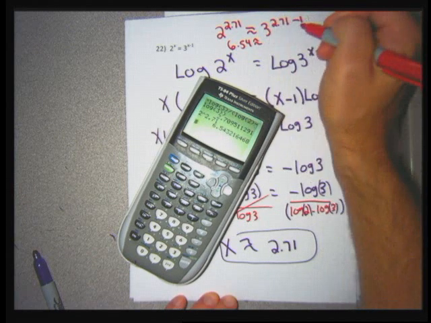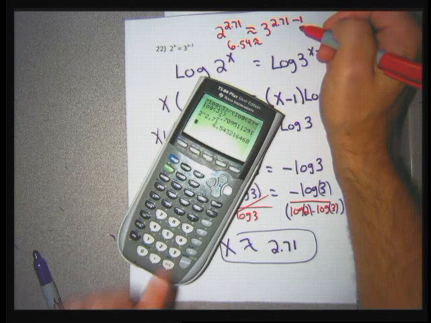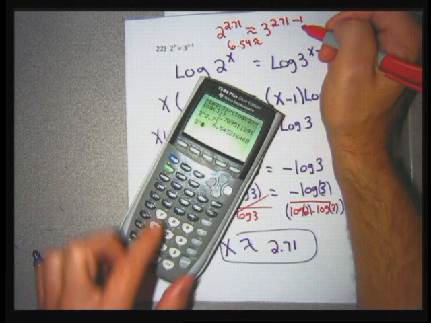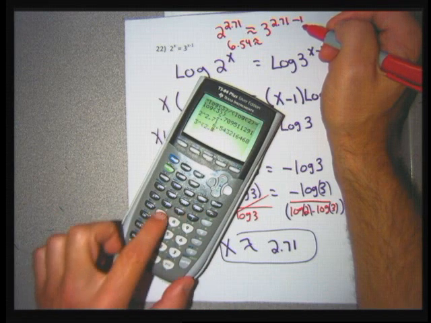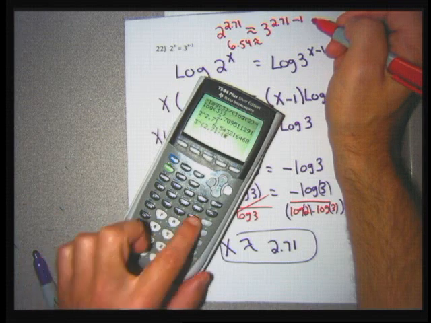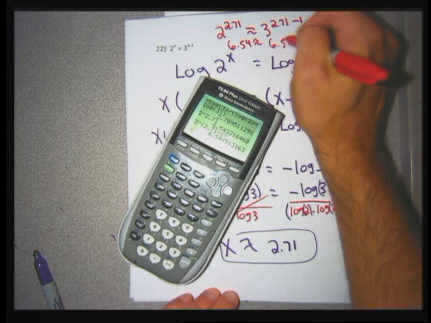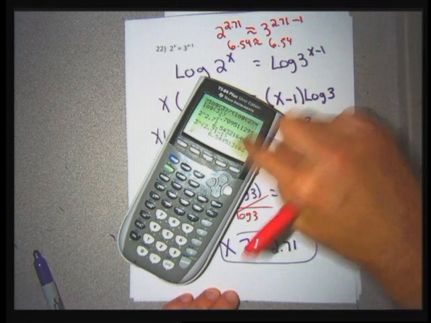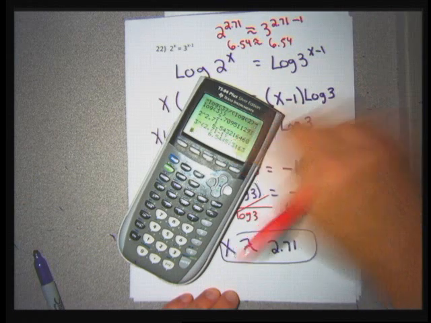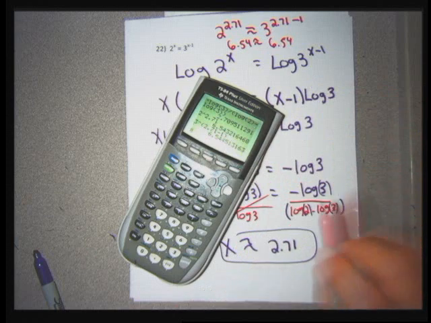Hopefully the right side comes out to that as well. On the right side, if I go 3 up arrow parentheses 2.71 minus 1, the right side comes out to be rounded 6.54. They're not exact, 6.543, 6.544, but they're close enough, so I believe my 2.71 answer is perfect.